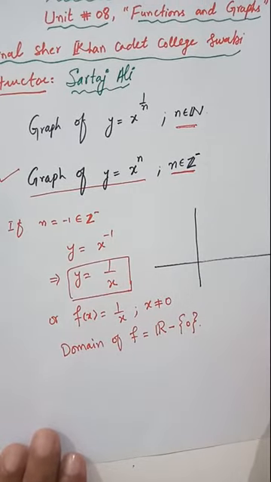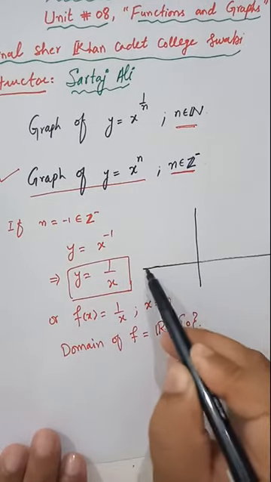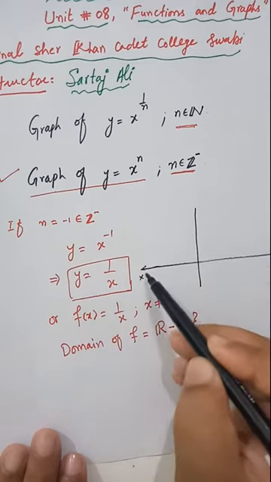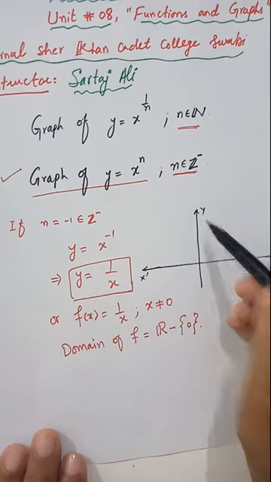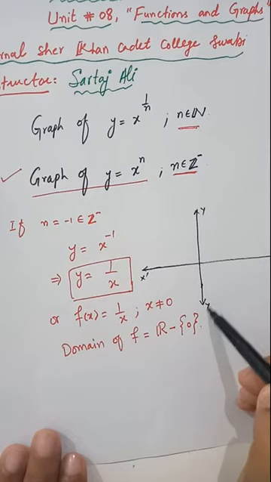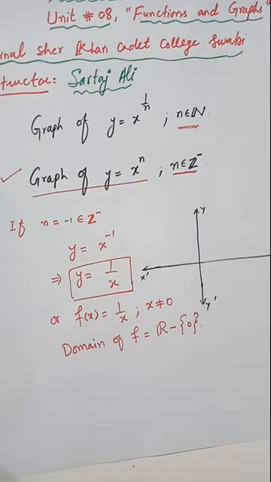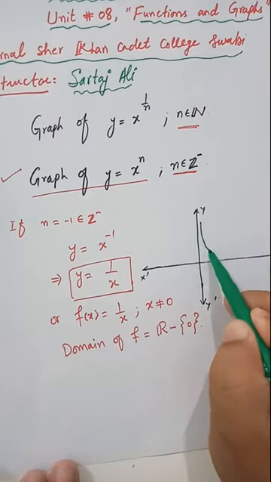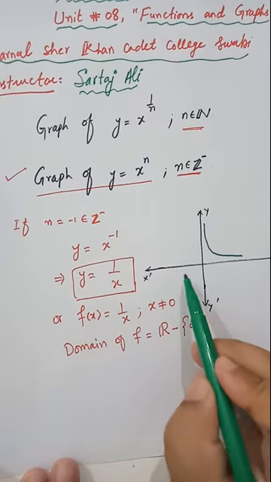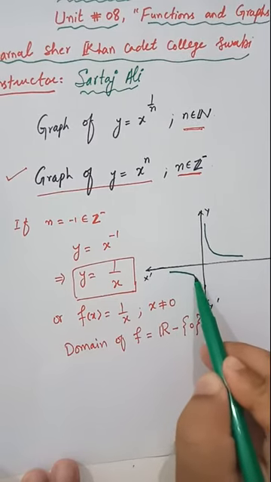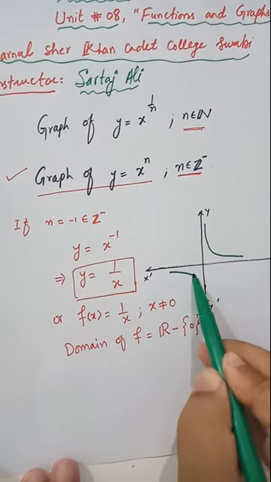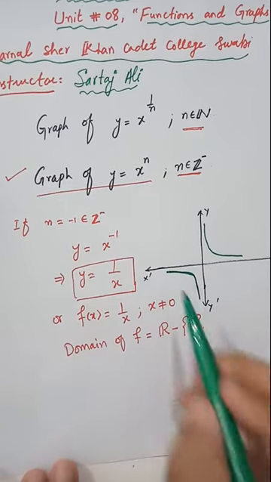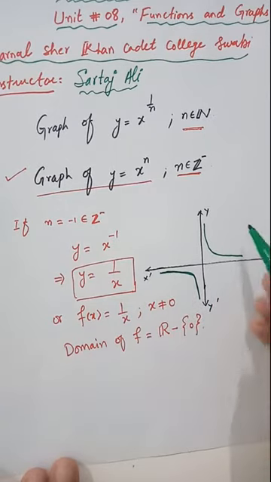This is the x-axis, negative x-axis, this is the positive y-axis, negative y-axis. So the graph will be in this fashion. This is the graph of y equals 1 by x.